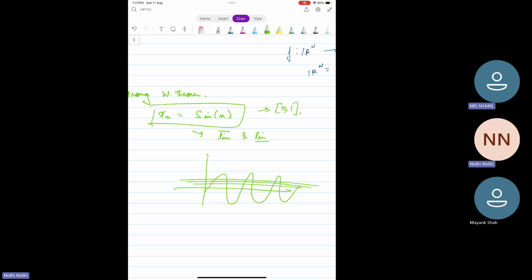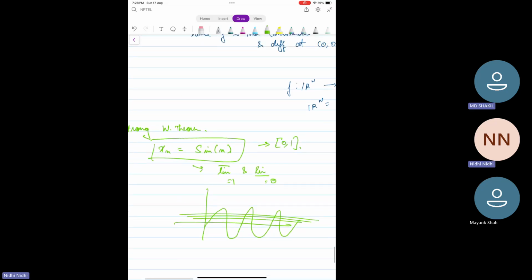Actually, the variable here is a natural number, a discrete variable, so I don't understand how the graph goes smooth. The set of limit points will be the closed interval 0 to 1. Try to see this. I'll also look for a proper explanation if I can find one. Basically, the idea is that the set of limit points is the closed interval 0 to 1, and since the limit superior is the supremum of the set of limit points, it will be 1, and the limit inferior will be 0. I'll explain it properly in the next class.